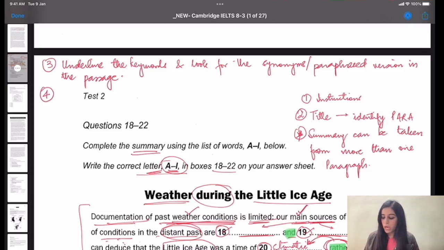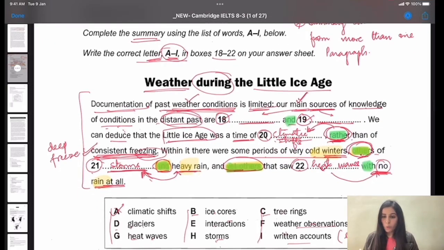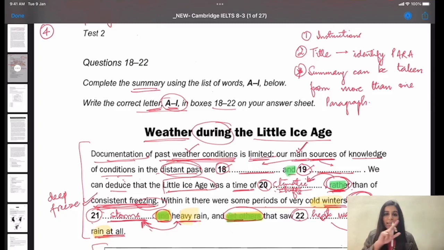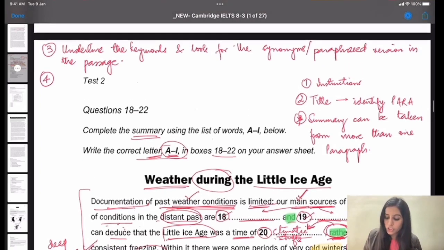Once you come up with the answer from these options given to you here, you have to put it in the blank and read the entire sentence and check for meaningfulness, number one.